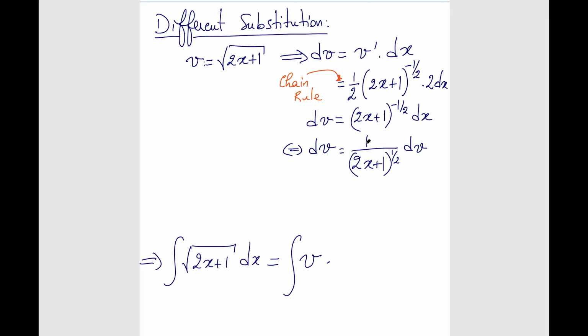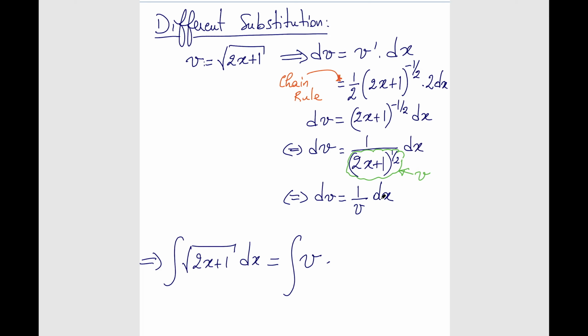And you recognize this guy here? Isn't this guy v? So dv is 1 over v dx, correct? 1 over v, because the guy downstairs is v now. dx, I don't know why I wrote dv. This is dx.